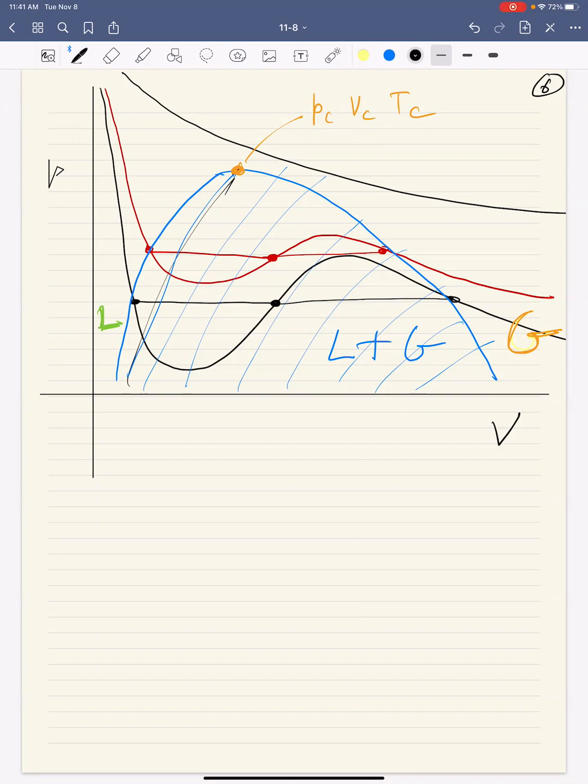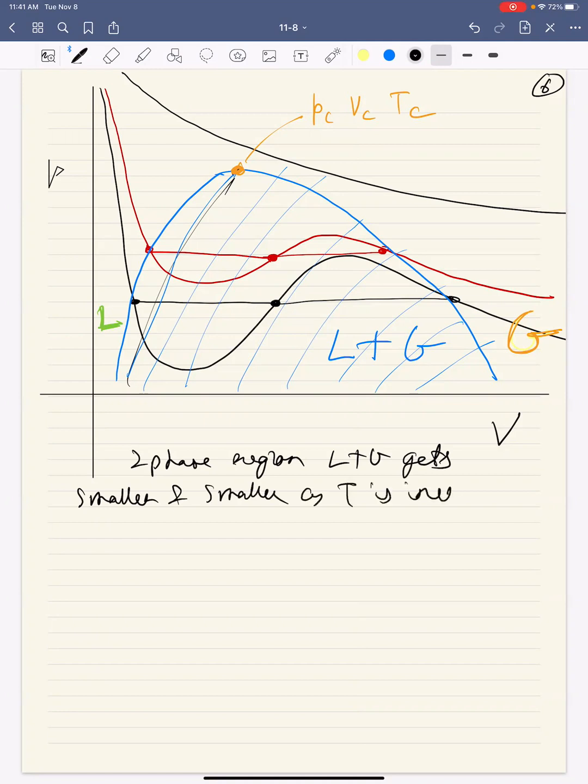So what we are seeing here is that the two-phase region of liquid plus gas gets smaller and smaller as T is increased.